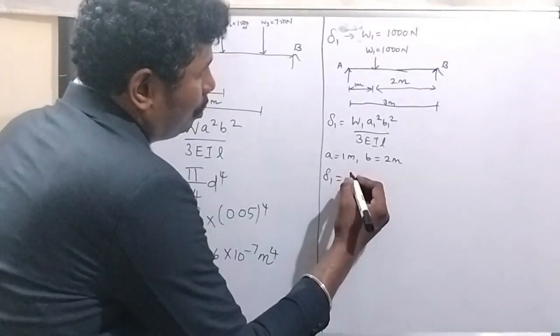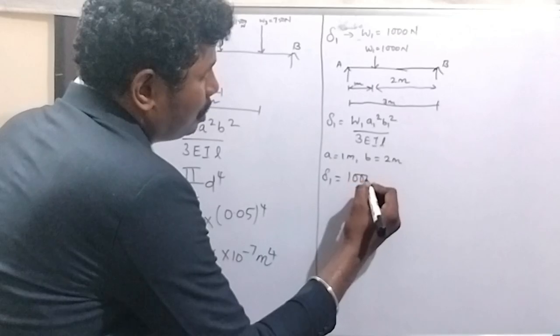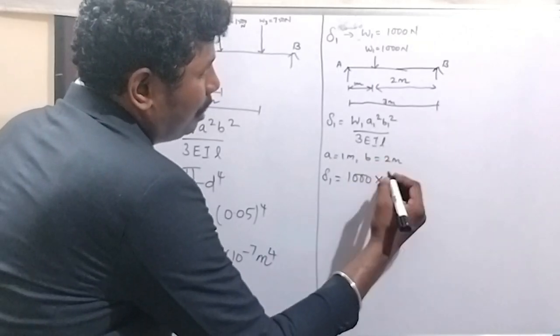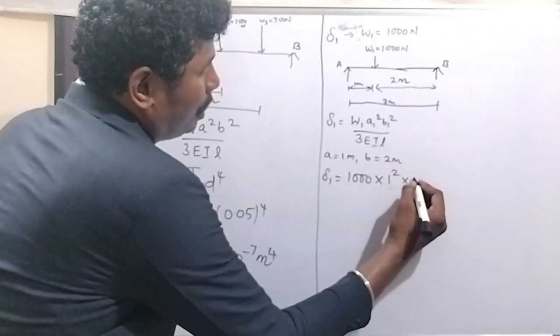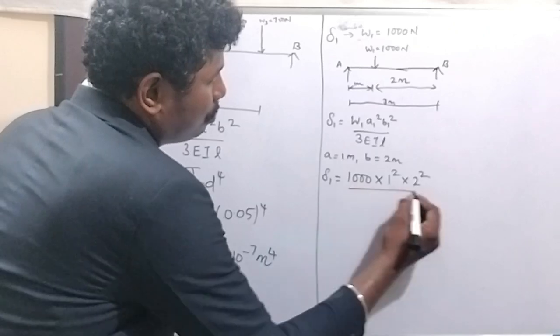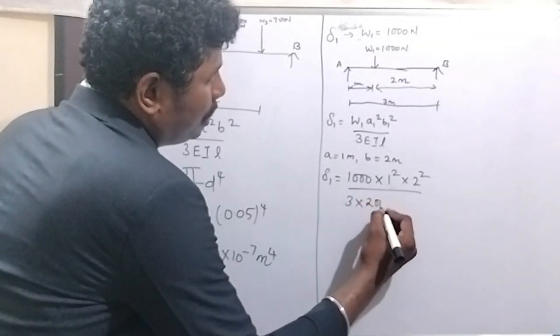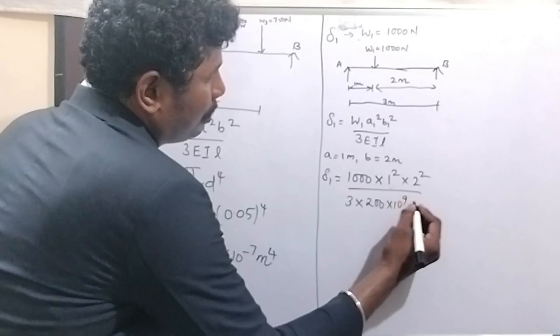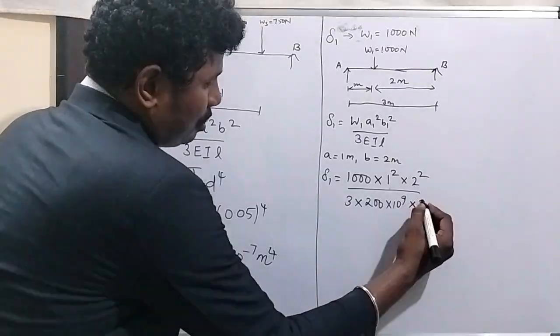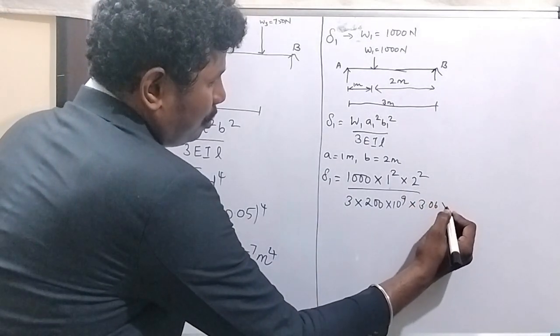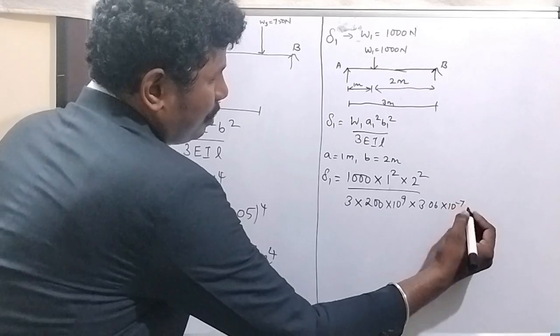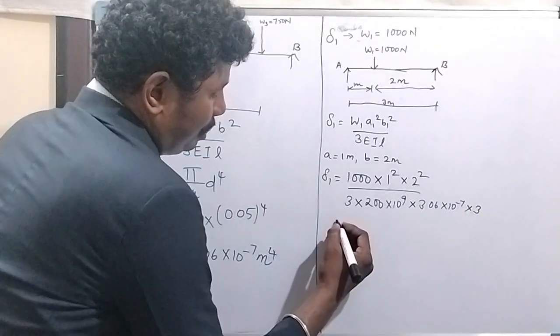So delta 1 is equal to W1 which is 1000 into A1 which is 1 square, B1 which is 2 square, divided by 3 into E, which is 200 into 10 power 9, into I, which is 3.06 into 10 power minus 7, and L which is 3 meters.